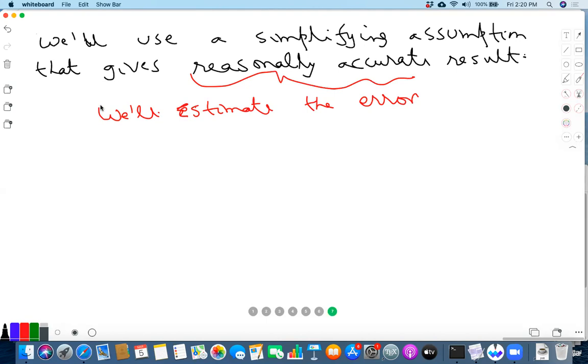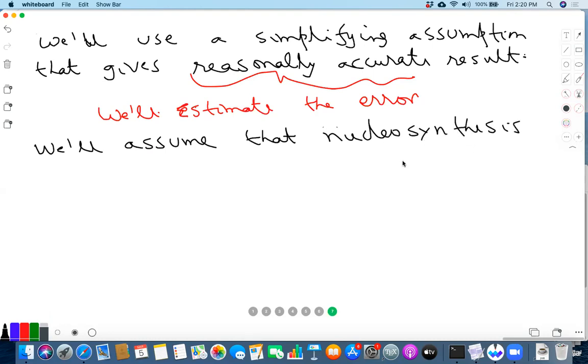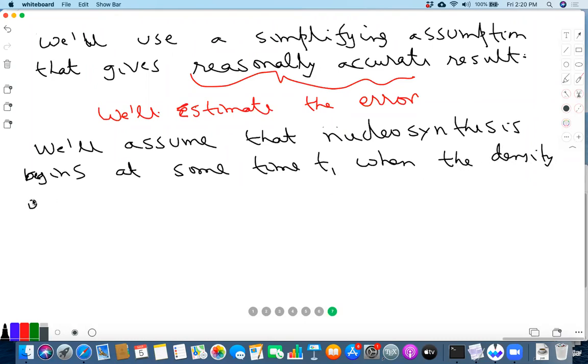So we'll assume that nucleosynthesis begins at some time t1 when the density of D reaches a critical value.